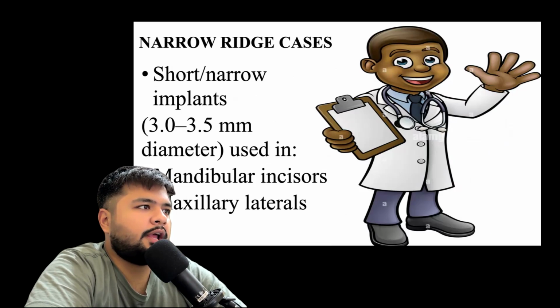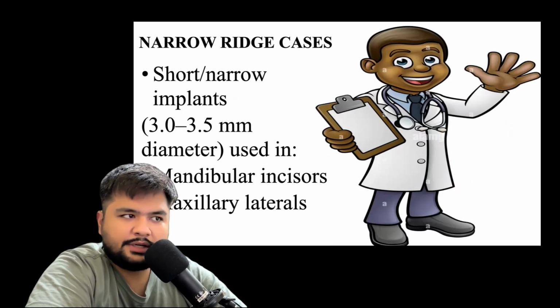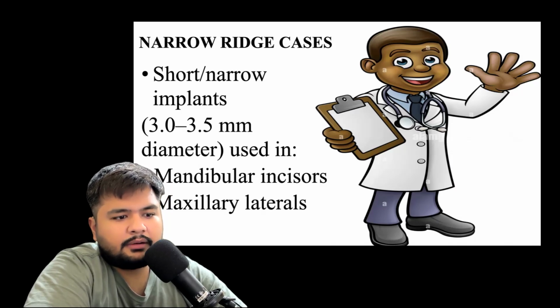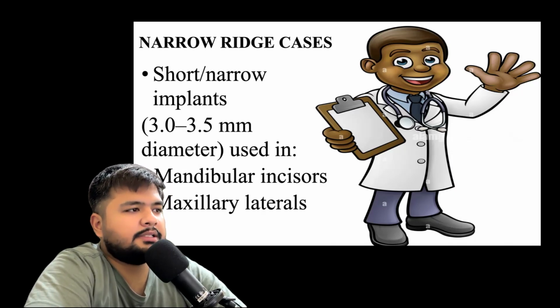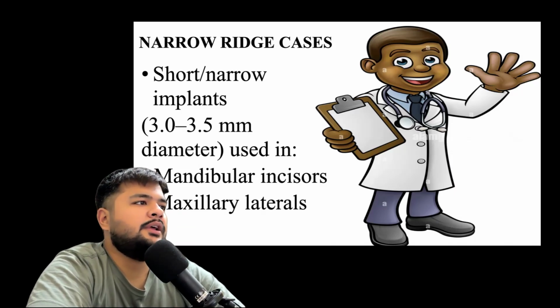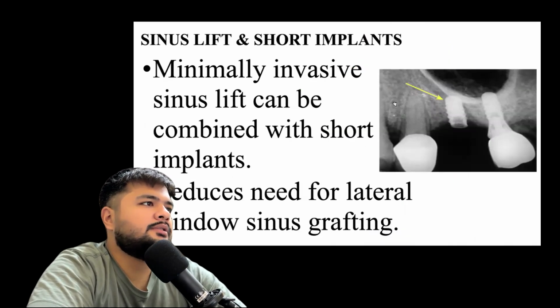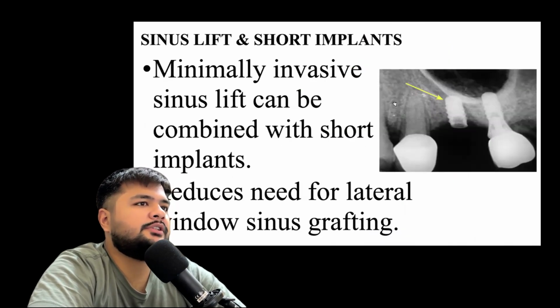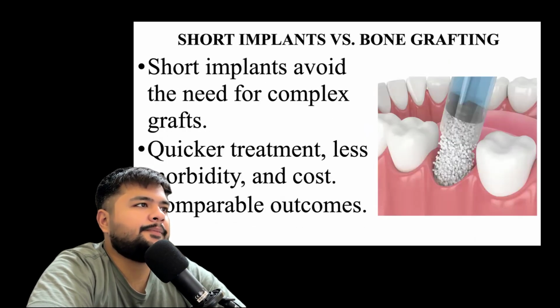The short or narrow implants with 3 to 3.5 diameters are used in the mandible incisor and maxillary laterals region, usually when the maxillary laterals are congenitally missing and mandible incisors are already very small teeth, so there is usually a requirement of short or narrow implants. So, coming to the sinus lift and short implants, a minimally invasive sinus lift can be combined with short implants, which reduces the need for lateral window sinus grafting.